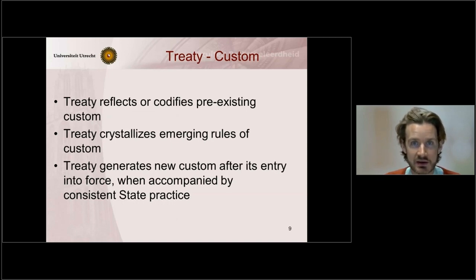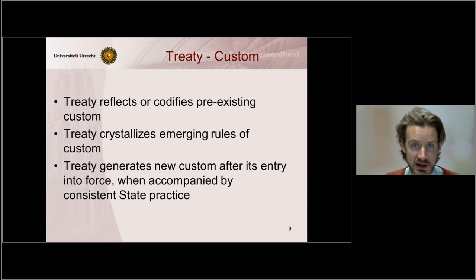This is what the Netherlands and Denmark argued. A treaty can also generate new custom after its entry into force when accompanied by consistent state practice. So after the entry into force of the Geneva Convention on the Continental Shelf, it could be used as an inspiration for the development of a new customary norm.